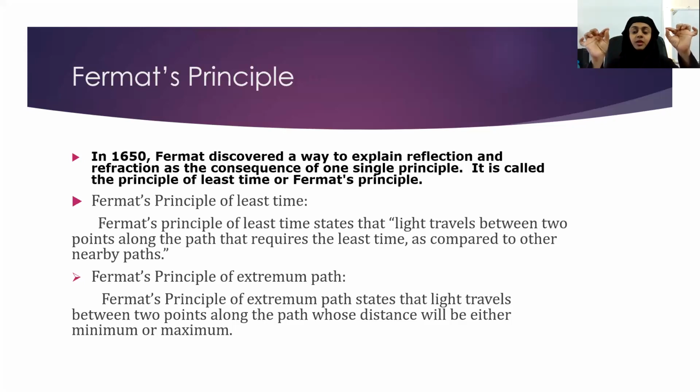Now, light can travel from one point to another, either by traveling from here to here to here, or straight. So light will follow that path only in the least or maximum distance possible.